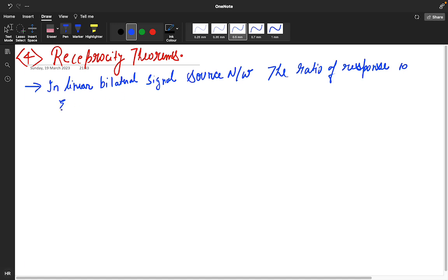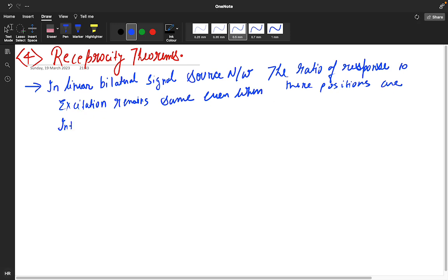In a linear bilateral signal source network, the ratio of response to excitation remains the same even when their positions are interchanged. Excitation means the input voltage we are giving. So in a linear bilateral single source network, the ratio of response to excitation remains same even when their positions are interchanged.